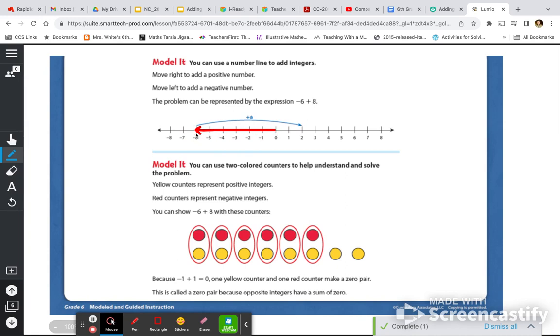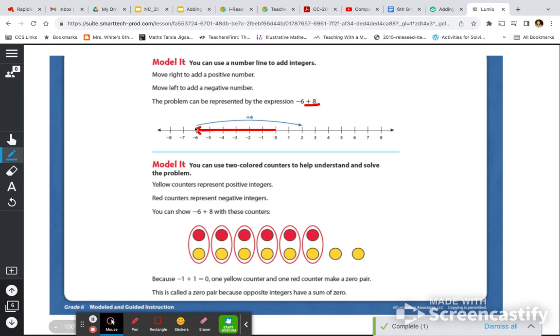You're going to read the problem and you're putting your arrows where they go based on the numbers or the integers in your problem. So after the first round, we're at -6 points. And then the second round, we're gaining 8. So like we said, that means that we are going to add 8.